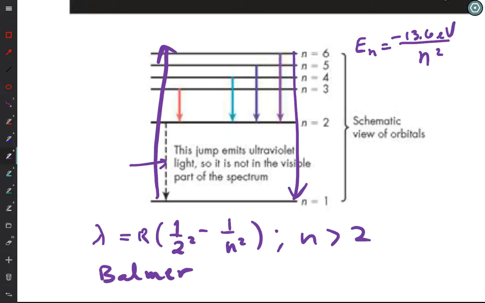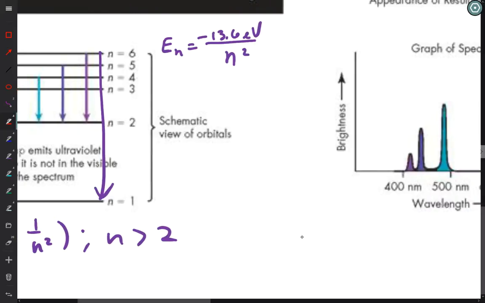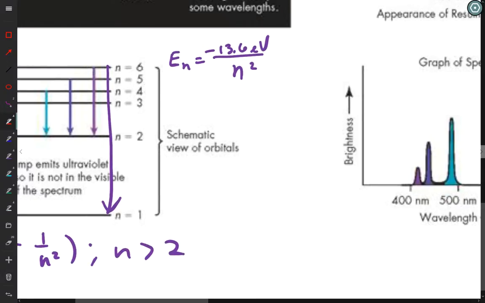Those had exactly the same equation, except instead of 1 over 2 squared, it was 1 over 1 squared. And so we have the Lyman series.